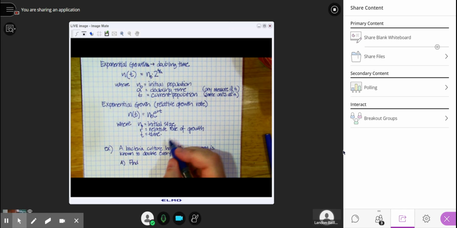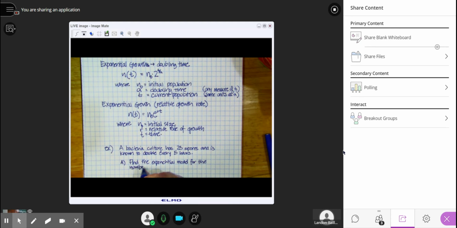All right, find the exponential model for the number of spores after T hours.